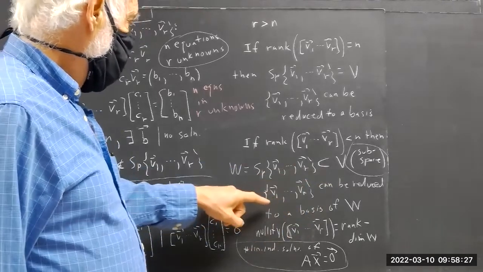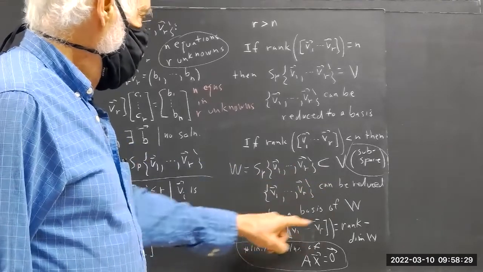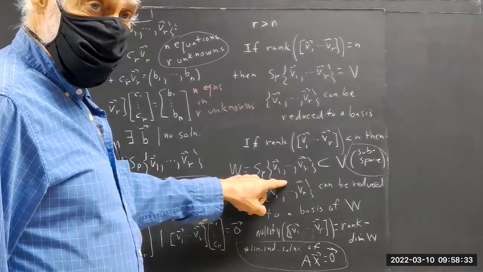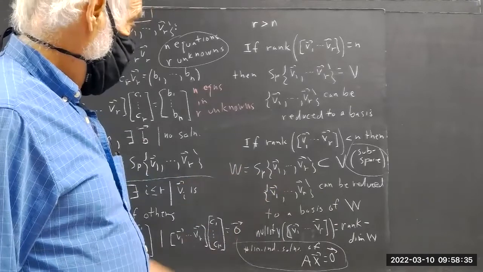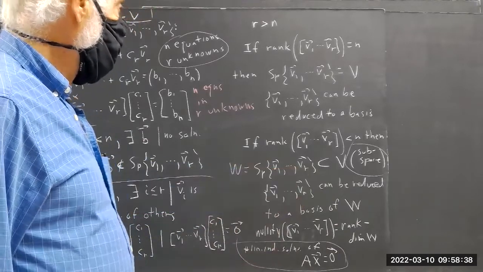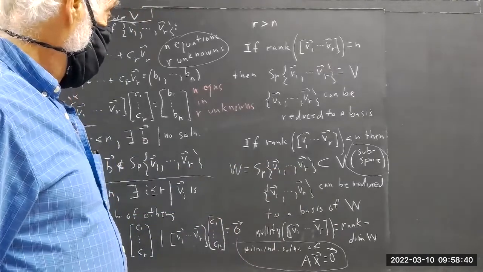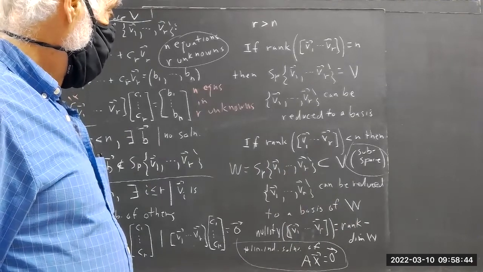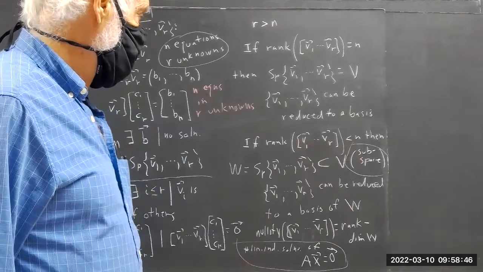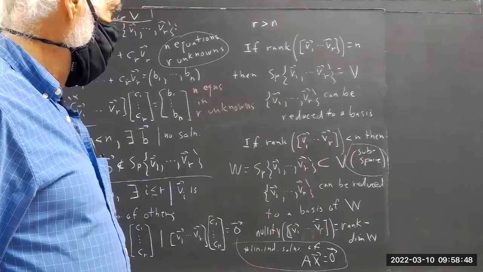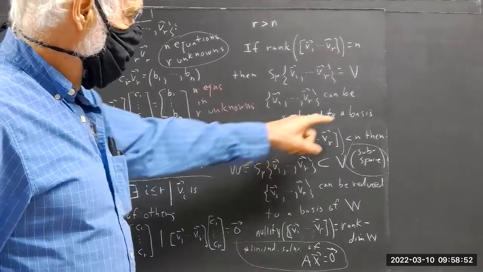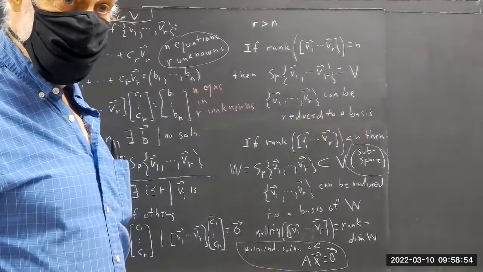Okay, well, in this case, this can be reduced to a basis of W, which is the span. Doesn't mean, again, that the span has dimension R. Because the rank is less than n. Actually, I should have said the rank is less than R, which is less than n.